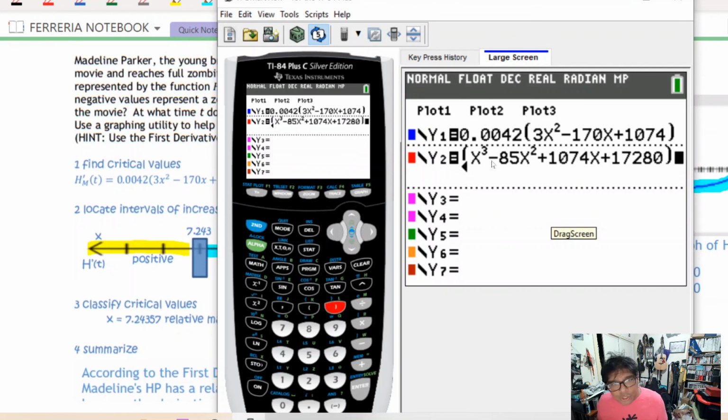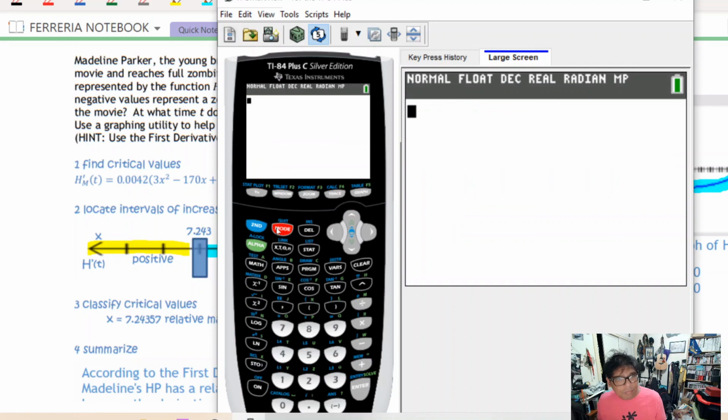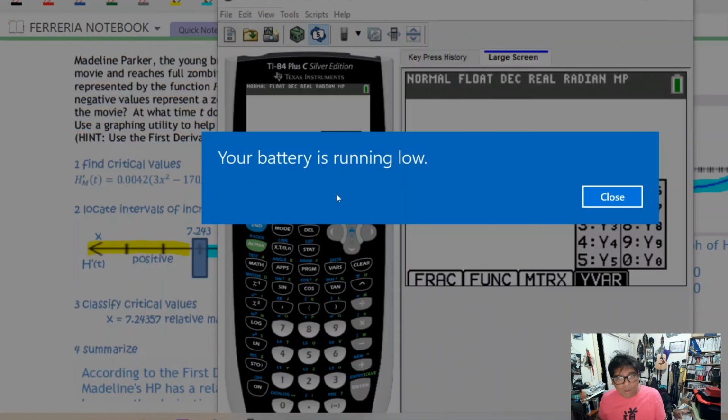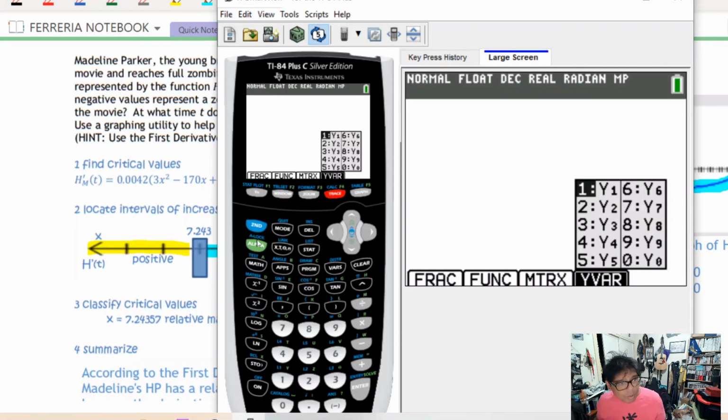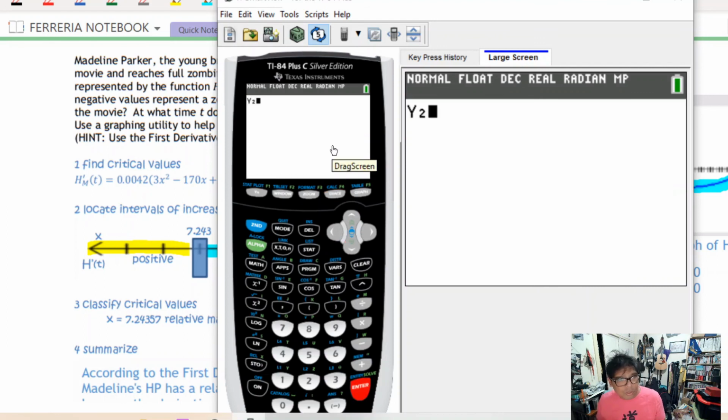Now that h is in y2, we're going to quit to the home screen and we're going to evaluate y2 at our critical values. So to evaluate that, we're going to call up y2. To do that, you're going to push alpha trace, and notice that we have y2 over here. So scroll down and push enter. That'll put y2 on your screen.